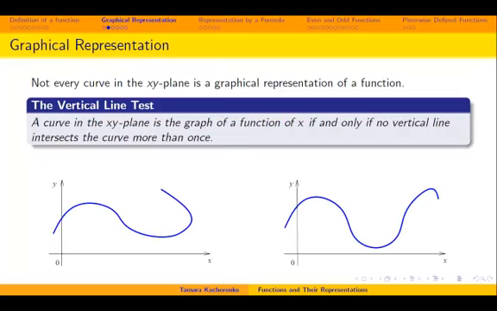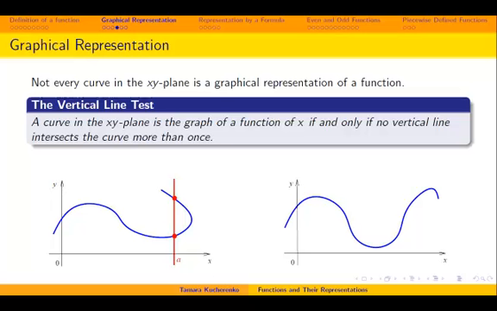Consider 2 curves in the xy plane. In the first example, this vertical line intersects the curve twice. This curve cannot represent a function of x, because a function cannot assign two different values to the same point x equals a.